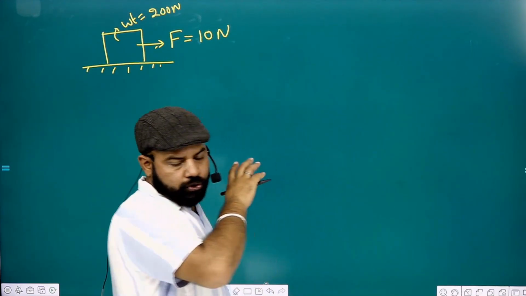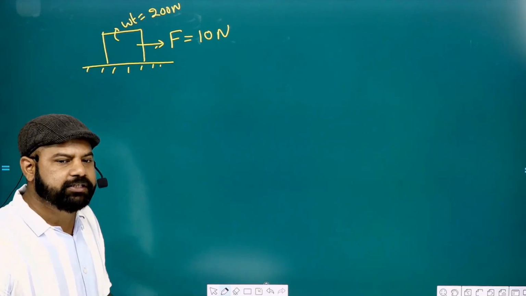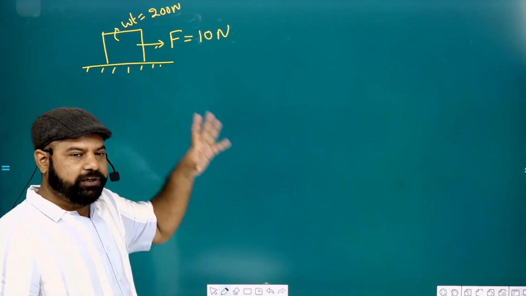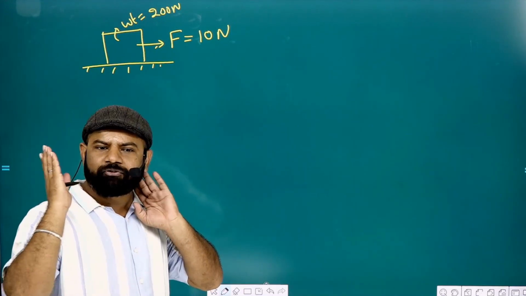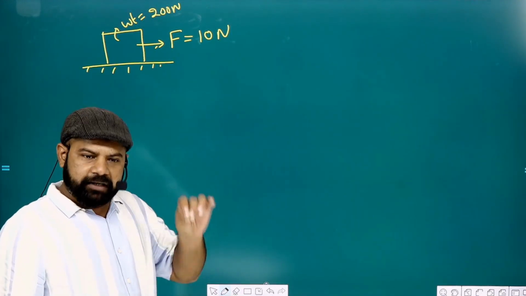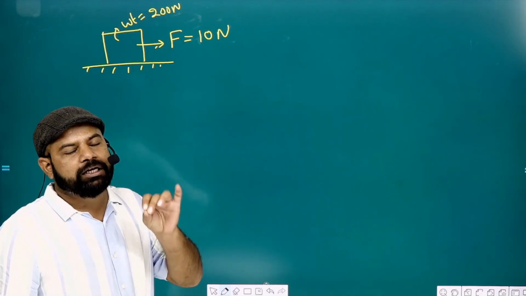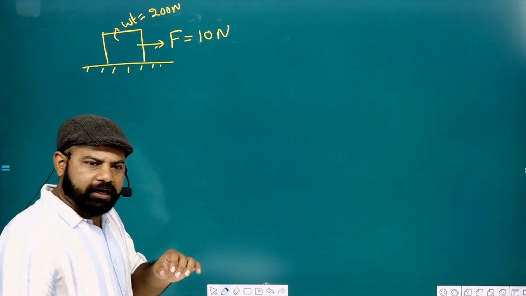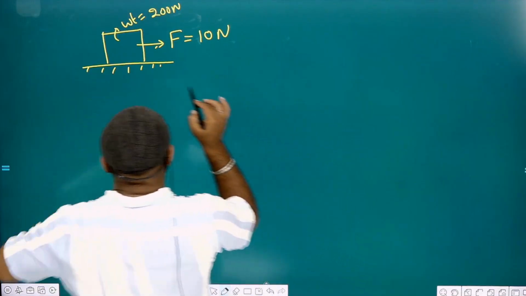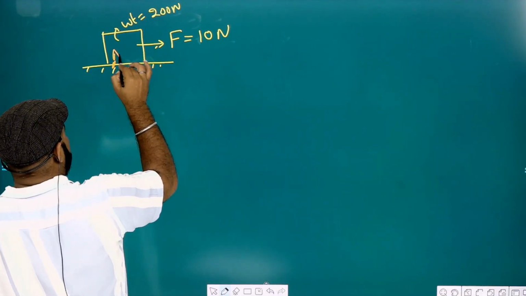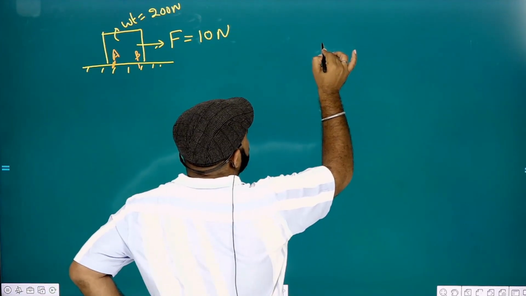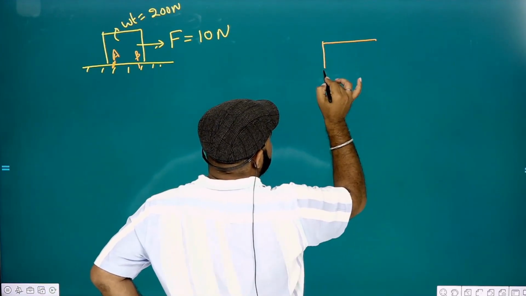Remember, there are no ideal cases in practical life. So if somebody says that there is a perfectly smooth or plain surface of some body, then it is not perfectly true. It means at a microscopic level there will be some undulations. So say this point is A and this is B. So that block would be like this.